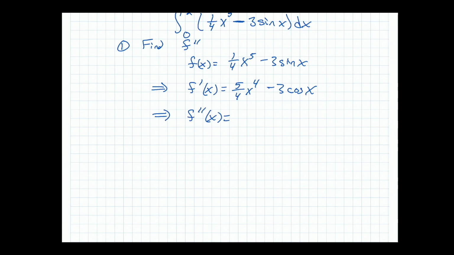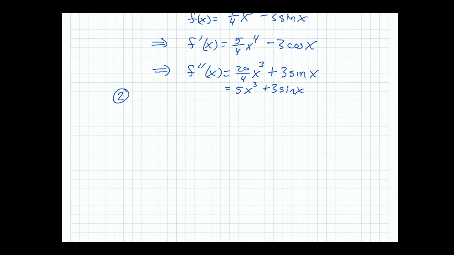So you bring the 4 down in front, you get 20 over 4 x to the 3, minus, actually the derivative of 3 cosine x is negative 3 sine x. That'll turn the negative positive and we'll get 3 sine x like that. Okay?